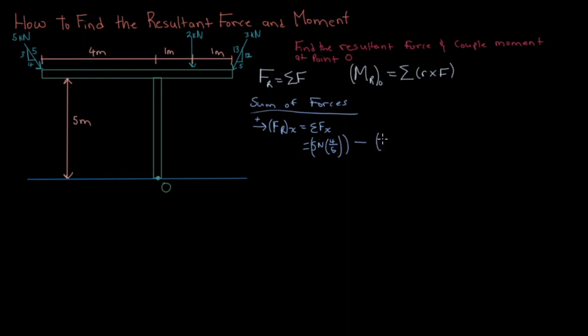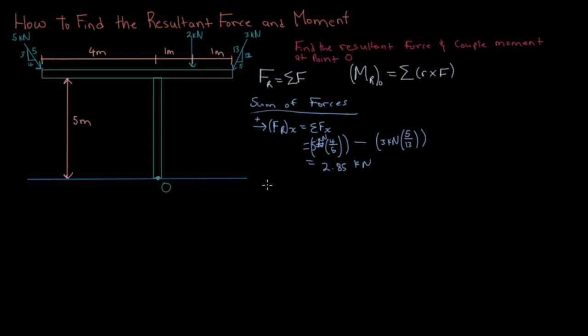So we go 3 kilonewtons times 5 over 13. When we sum this up, we get 2.85 kilonewtons. So that's the first step there.